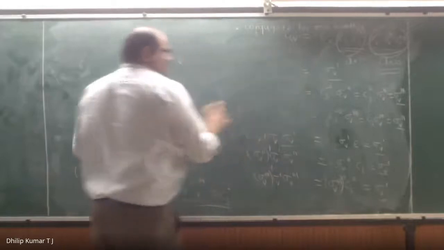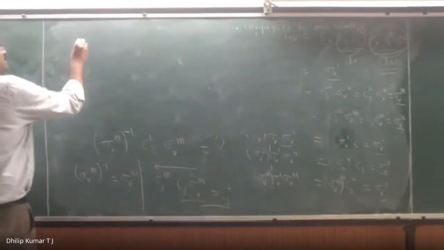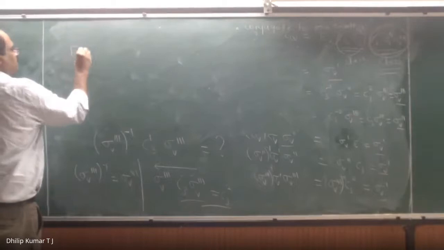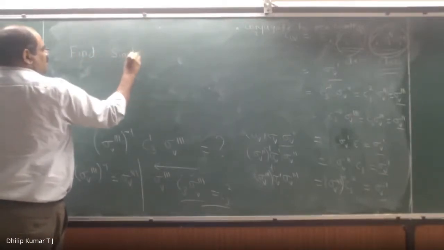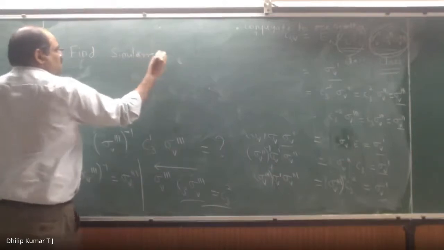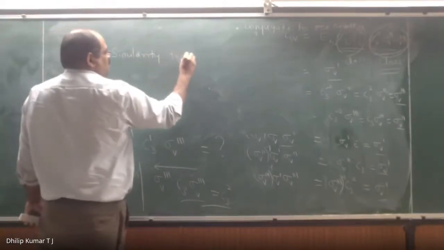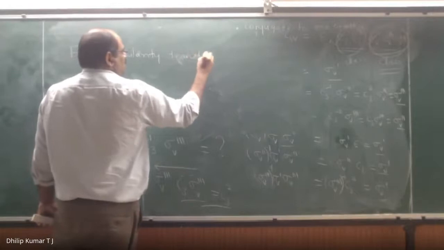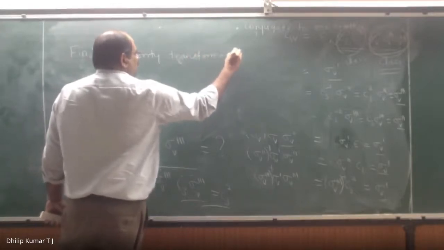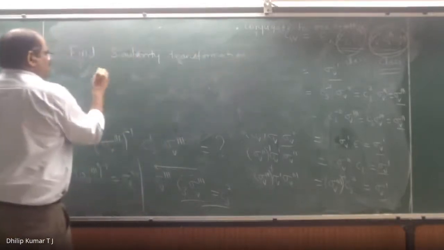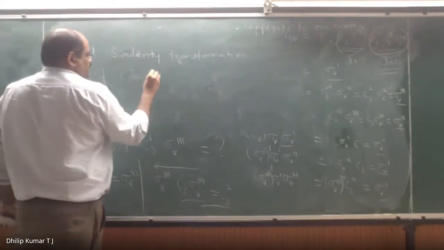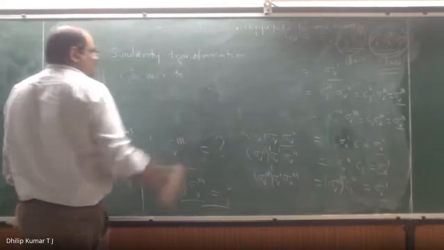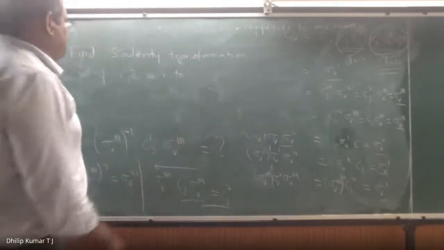Try this one: find the similarity transformation of C3 squared with respect to what do you want to find out with respect to?